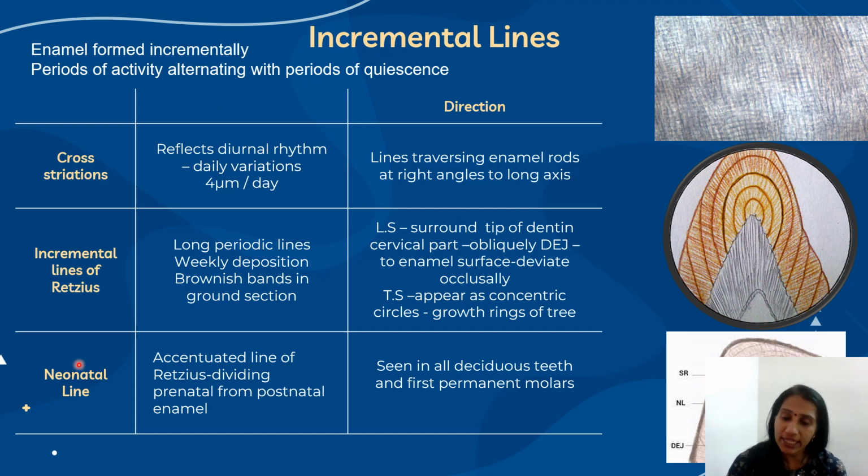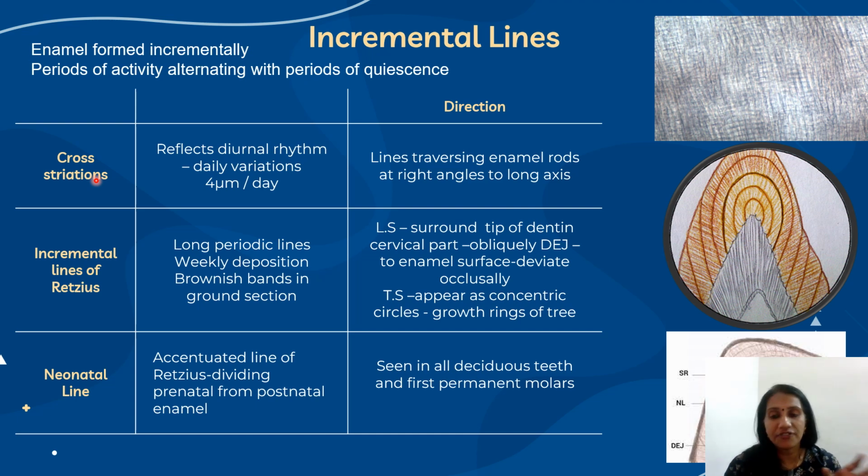So you have 3 types of incremental lines. One is cross striation, and the other is represented by incremental lines of Retzius or striae of Retzius. Now cross striations represent daily activity: in a day, how much the ameloblast works and how much it rests. So daily activity is represented by cross striations.